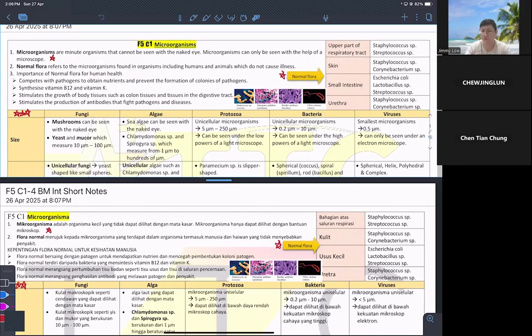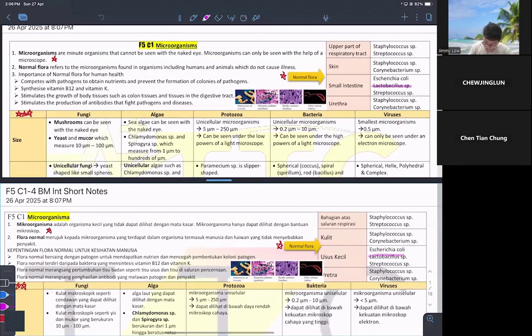In case the question asks you to give examples of normal flora microorganisms, you just mention lactobacillus. This is the most common normal flora that we are going to use, because later when we talk about the benefits of having certain microorganisms, you can still say lactobacillus. We are still going to use this anyway.